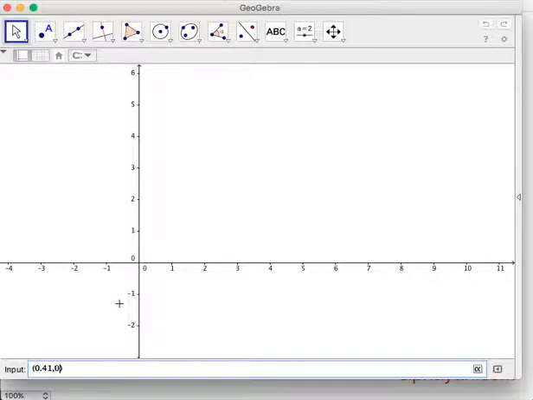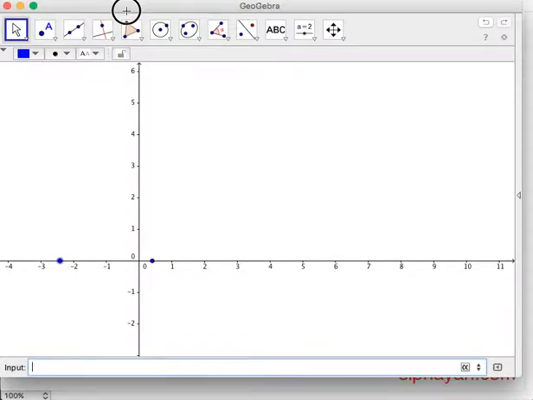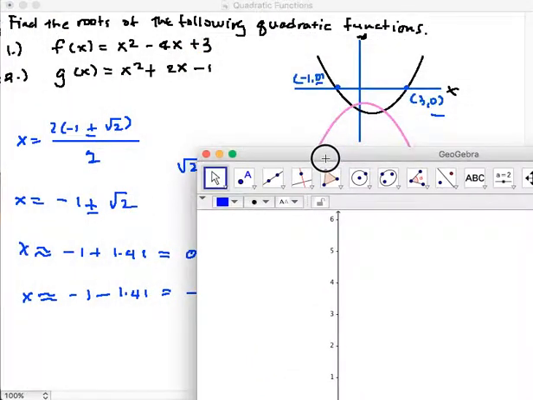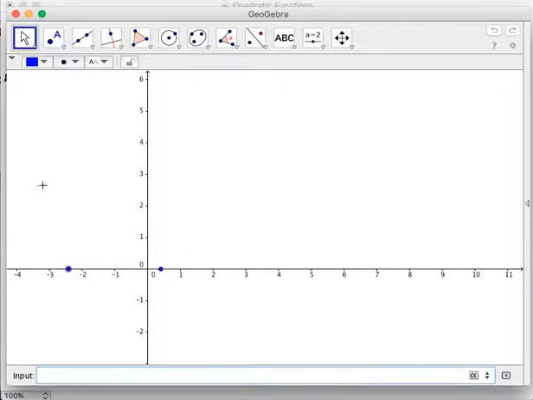Yan yung x-intercept. Tapos negative 2.410. Okay, so dyan dadaan yung graph natin, and since the graph has positive A, ibig sabihin yan ay opening upward, no?